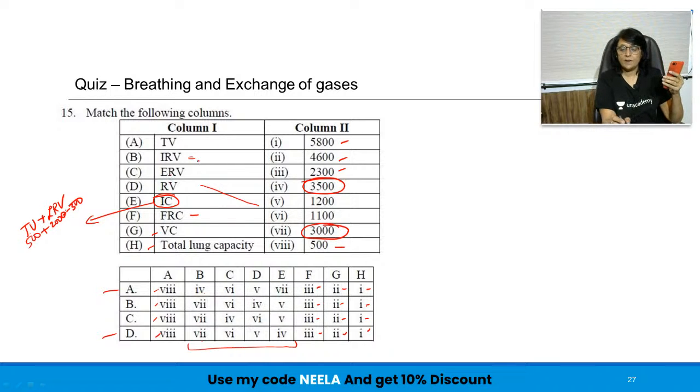So inspiratory reserve volume should be about 3000 and inspiratory capacity should be about 3500, right? So now tell me, what is your correct answer, A or D?